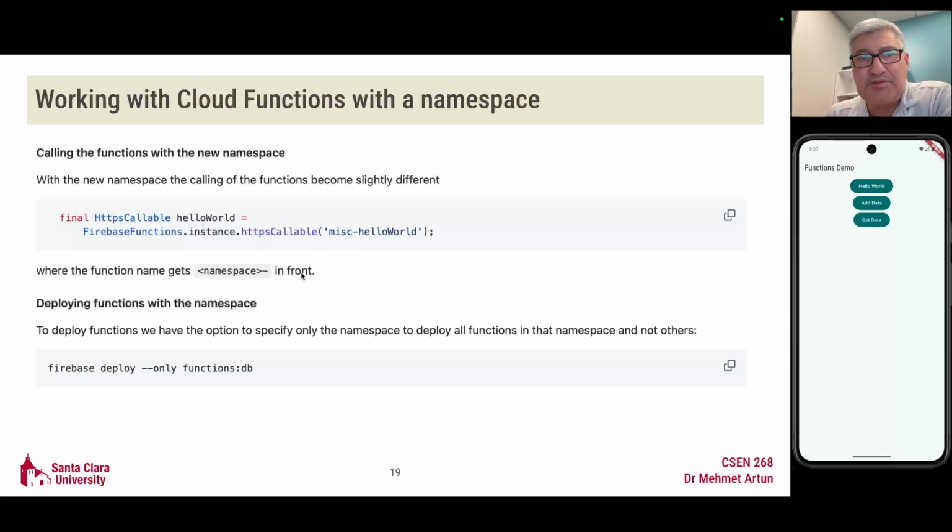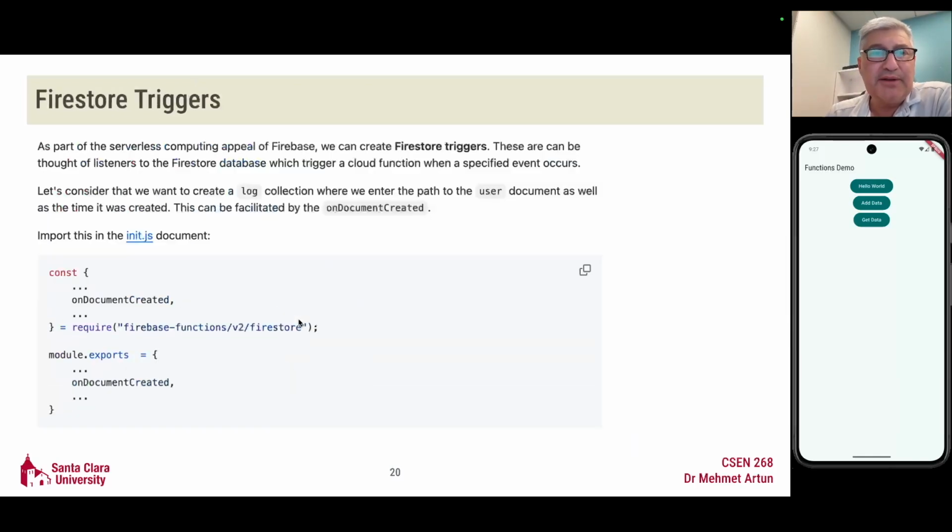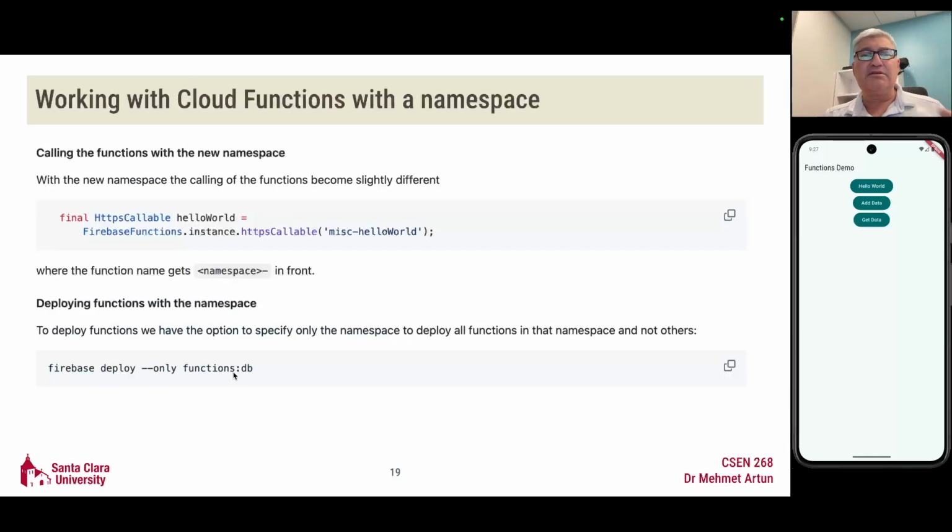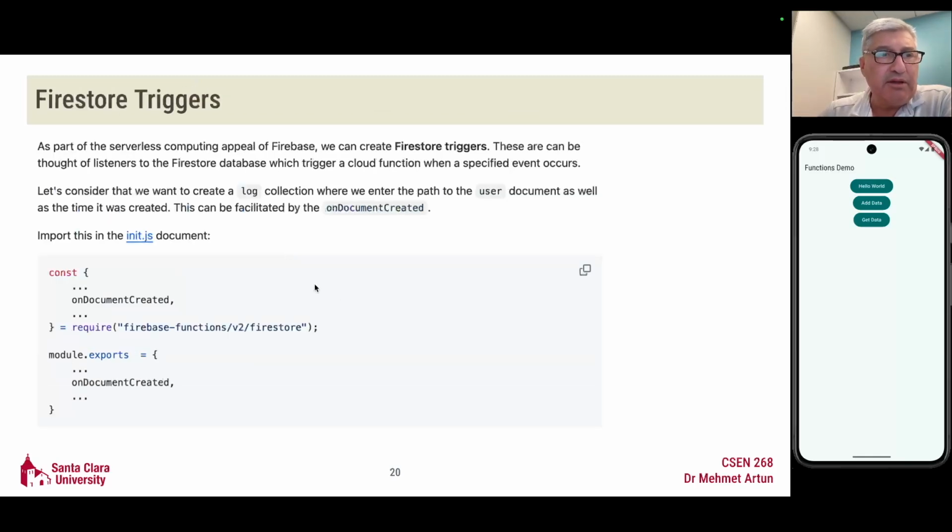Okay, it gets the namespace in front. So similarly, the DB functions will get db-addData, db-getData, etc. Yes, I think that's the way to modularize it when you need to.